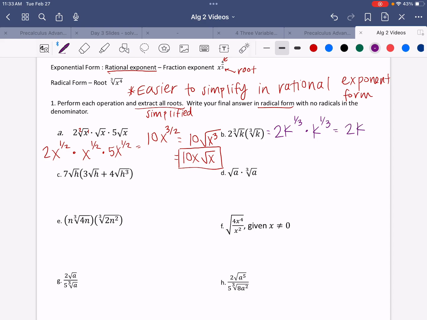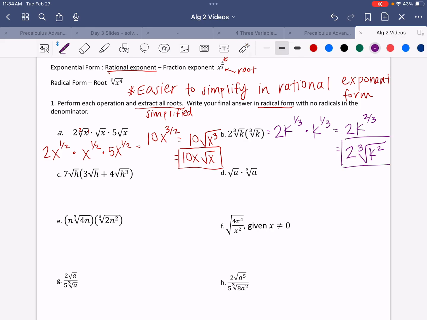I get to add my exponents. 1/3 plus 1/3 is 2/3. And now I have to convert it back to a radical. So this would be 2 times the cube root of k squared. Now there are only 2 k's under the radical, so I can't take any out. I would have to have a group of 3.